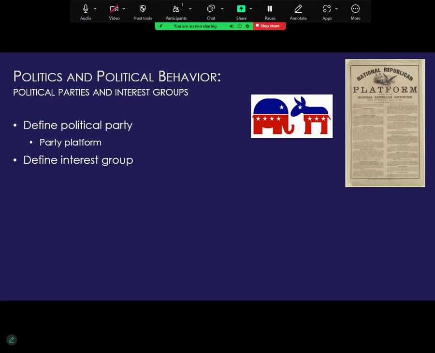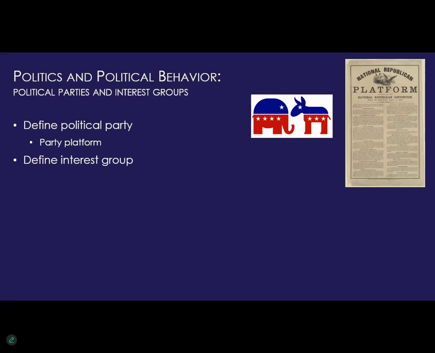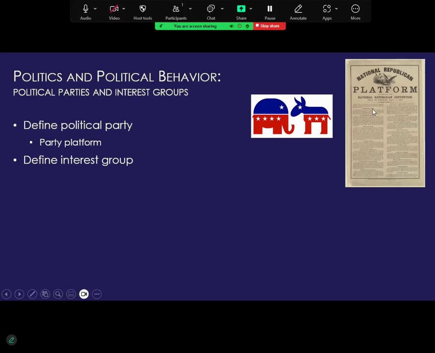Recall from a prior module that political parties have leadership positions in each chamber of Congress, and the party leadership will guide proposed laws through the lawmaking process and inform party members on how they should vote on proposed bills. That's why and how party platforms become so useful.